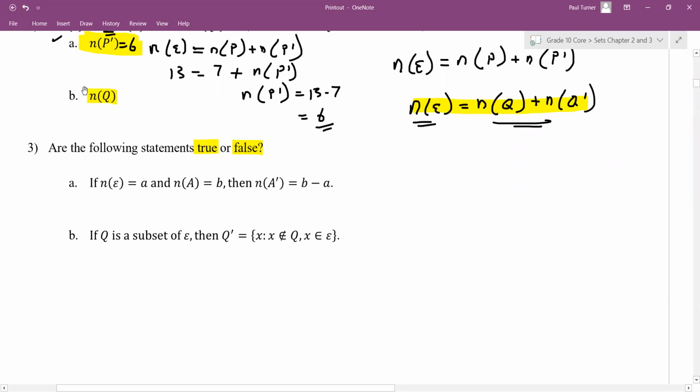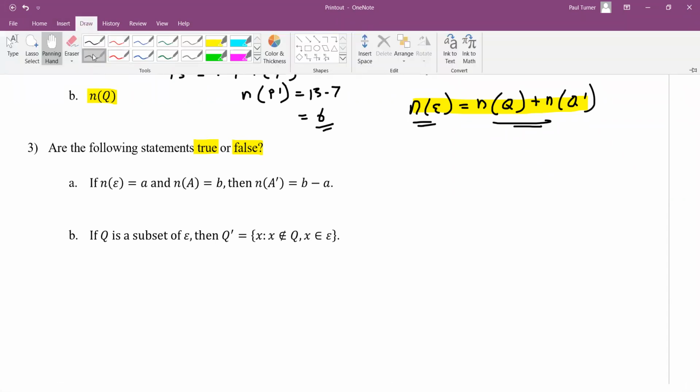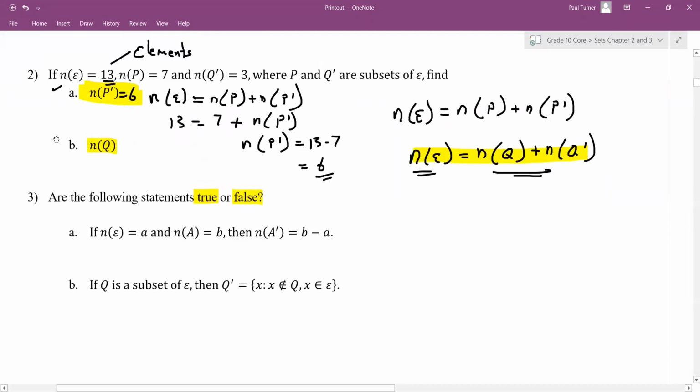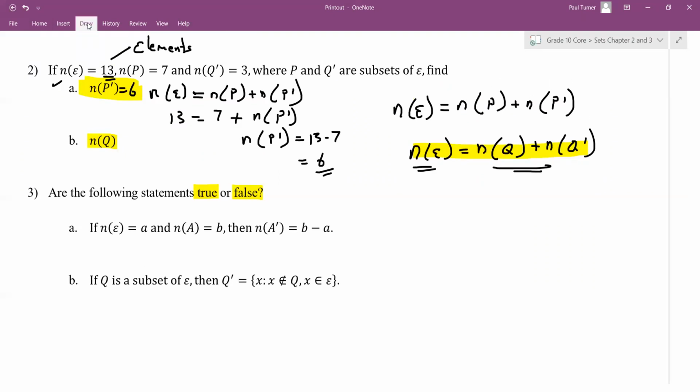In question, well, I guess you're doing B, so I won't jump ahead. So just use your formula, the number in Q. So the number in the universe is 13. So we would have 13 down here. Not Q is 3.